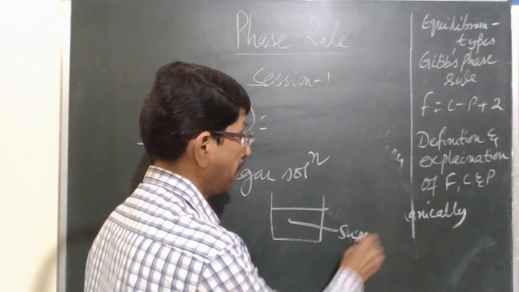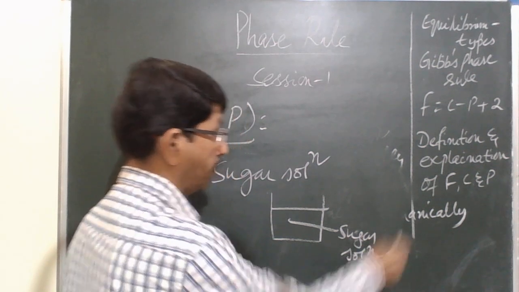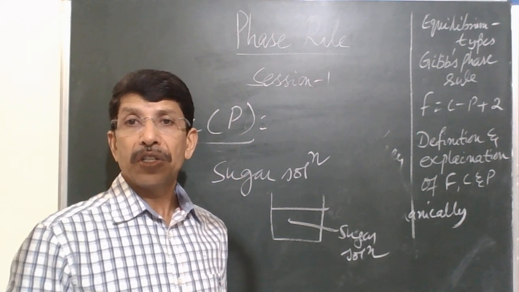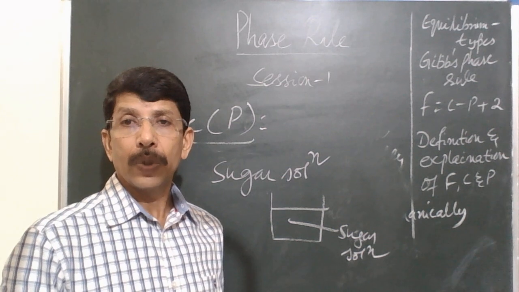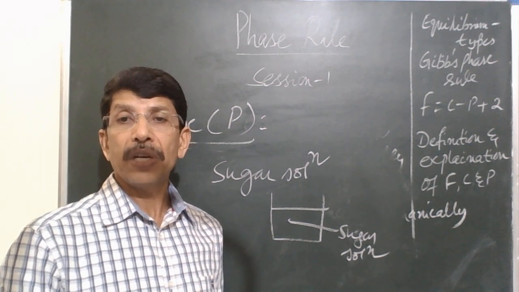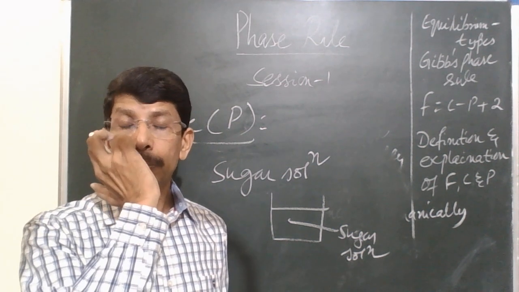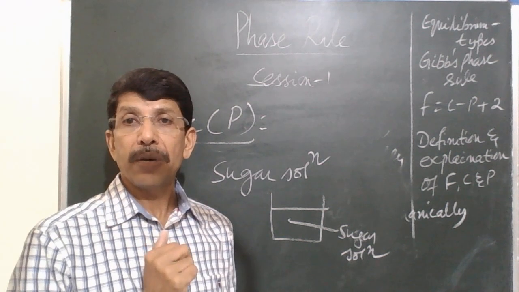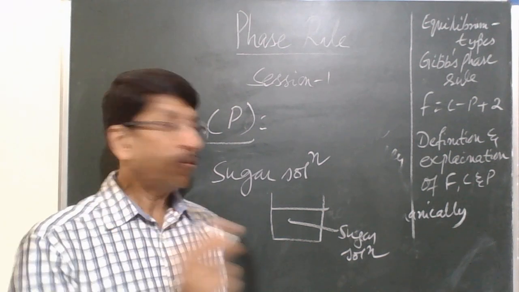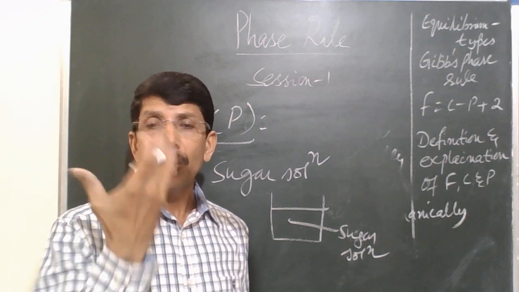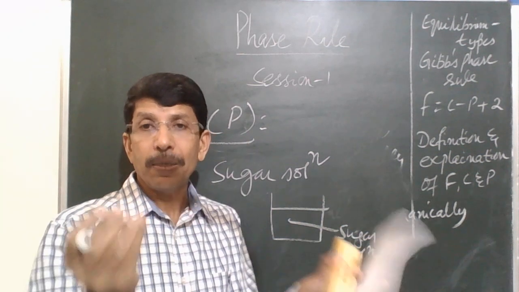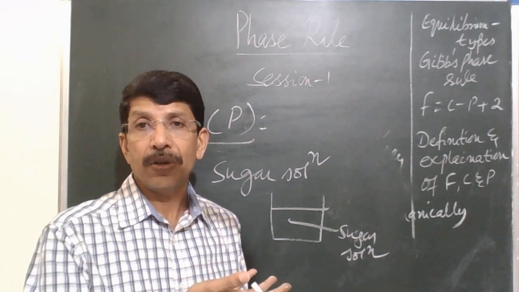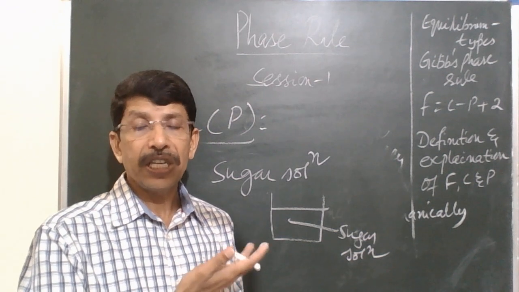So if you take aqueous solution of sugar, it forms a homogeneous solution because sugar is soluble in water. Why? There is only one phase. We do not see water and sugar separately unless it is a saturated solution. It's not a saturated solution I am considering.